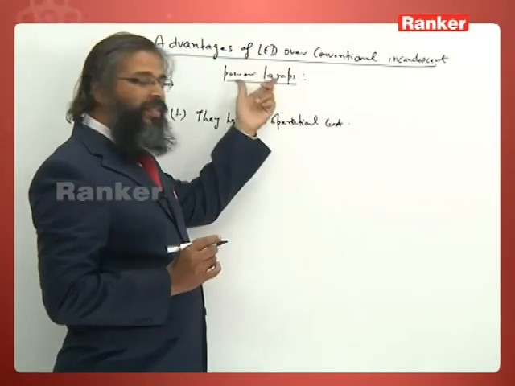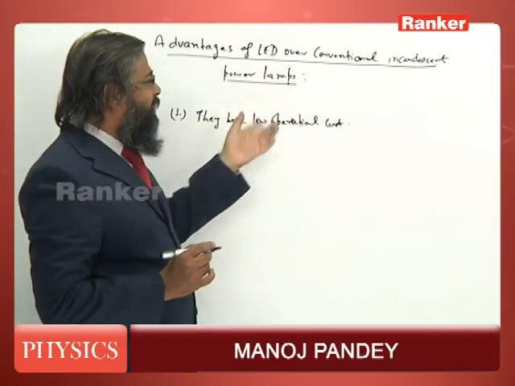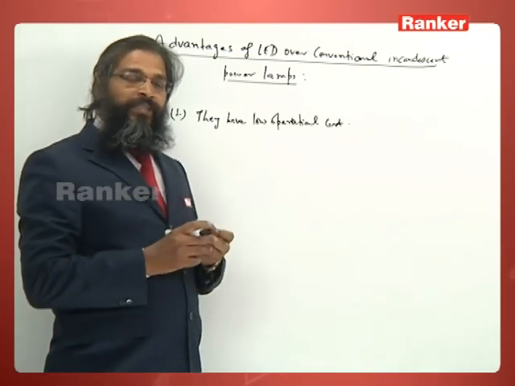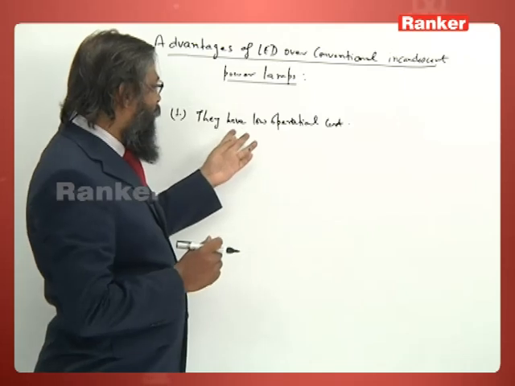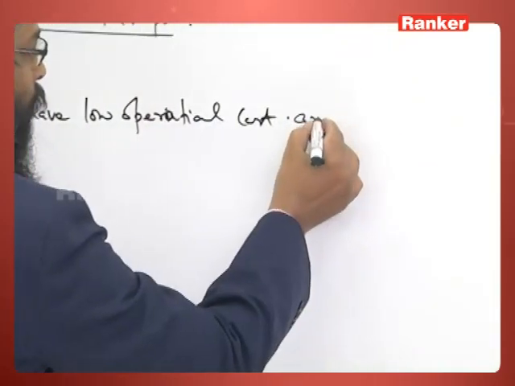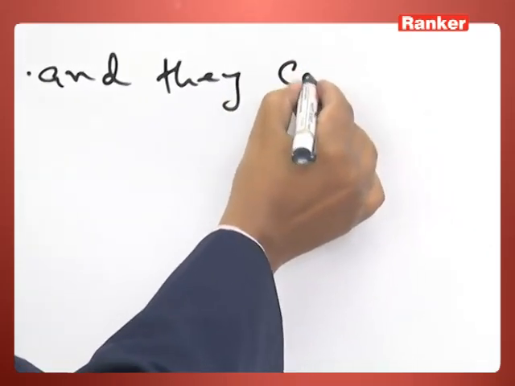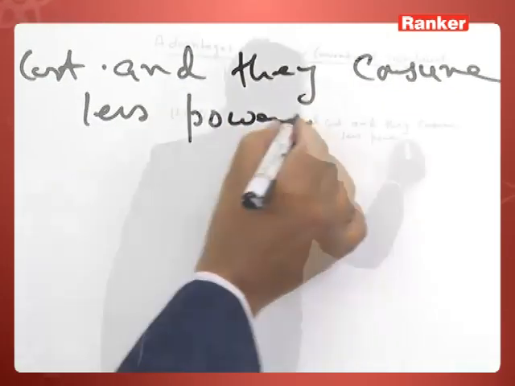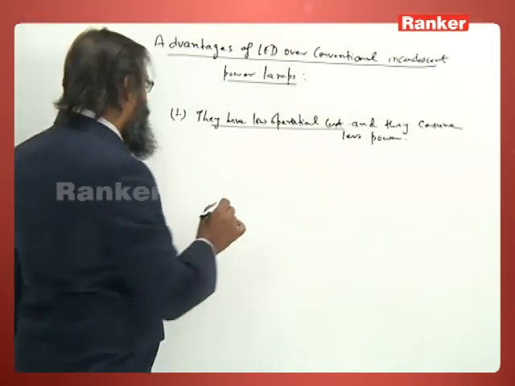In order to operate these LEDs, the power consumption is very low, whereas in conventional lamps the power consumption is very high because that power is directly converted into heat. Majority of the energy is converted into heat. So why do they have low operational cost? Because they consume less power.